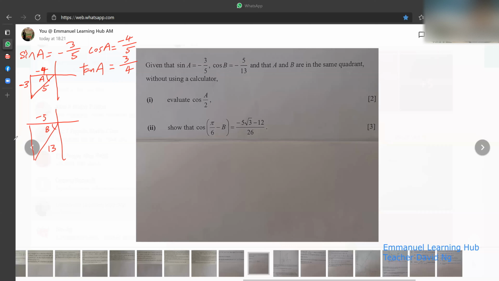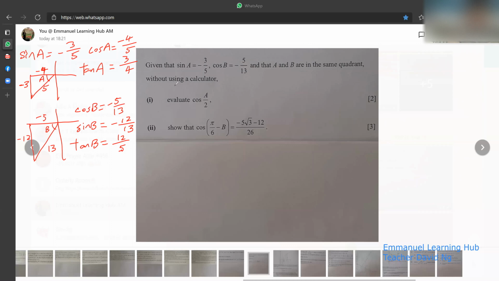Cosine is adjacent over hypotenuse. So here is -12, by Pythagoras theorem you can get your -12. That is your cosine B. Sine B would be -12/13. How about tangent B? Tangent B would be opposite over adjacent, 12/5. So you have your sine, cosine, tangent.